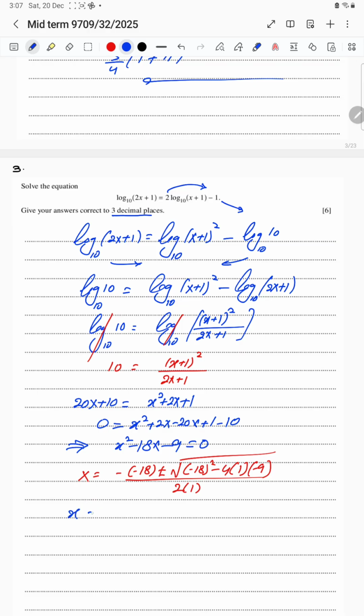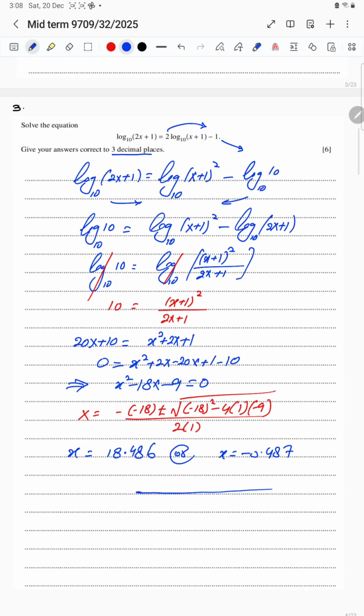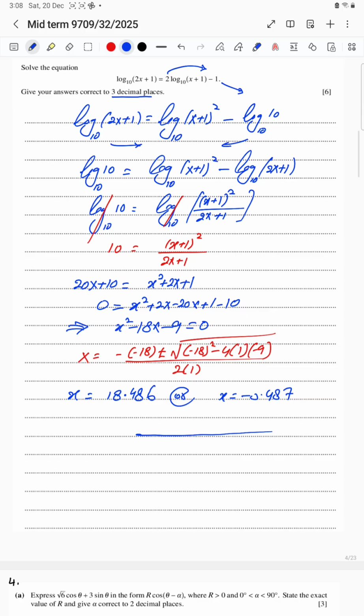So x will be 18.43686, or the other value, x is equal to minus 0.4873, up to 3 decimal places. So these are the answers. It is a 6 mark question, an easy question. You just need your concept of log functions and its properties along with the algebraic approach.